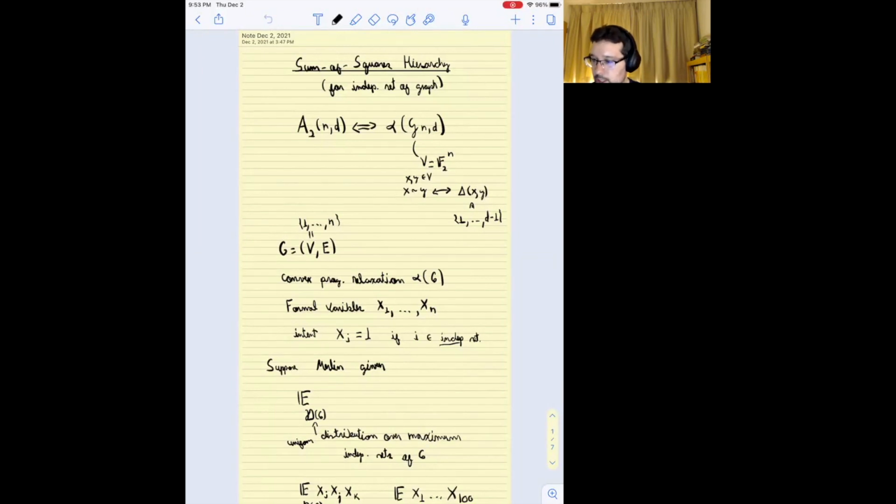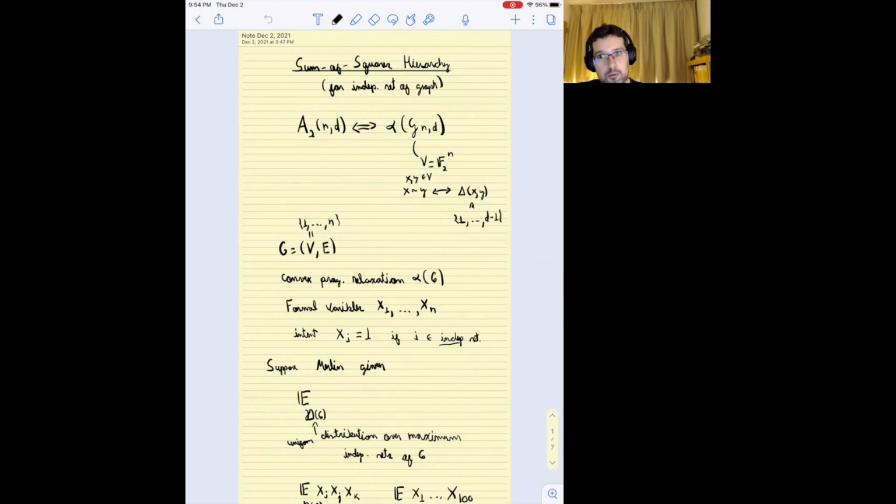Our main motivation for looking at the sum of squares for an independent set is that it's able, at least in principle, to compute the independence number of a graph. But we may need a level that's very high.